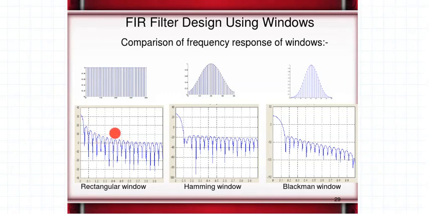And when the side lobes are prominent, as I can see here in the rectangular window, side lobes have significant magnitude, and this results in ripples.